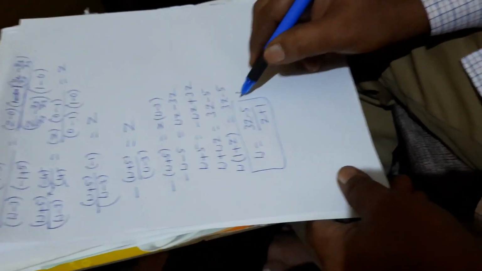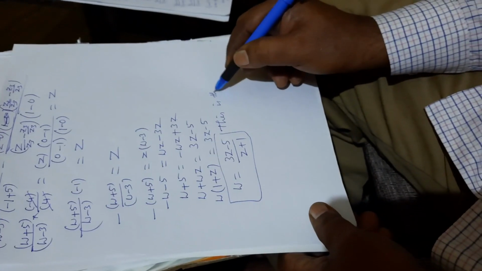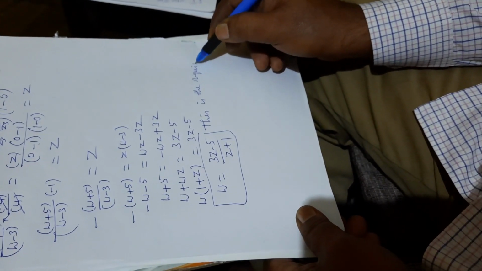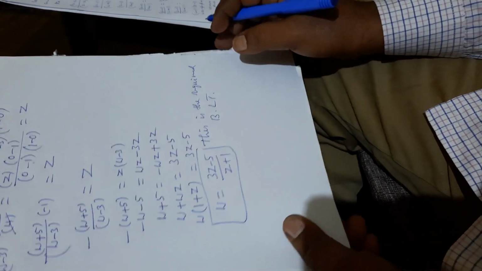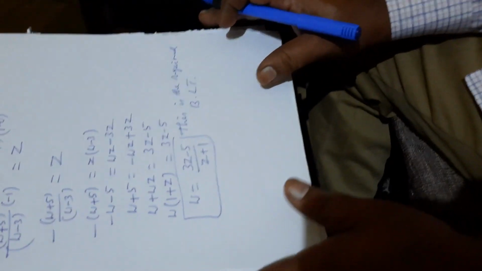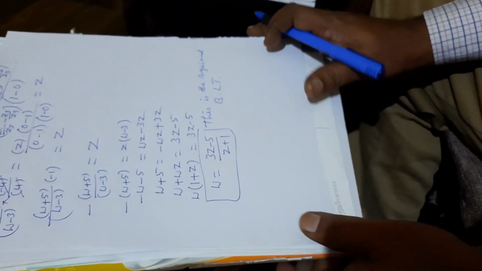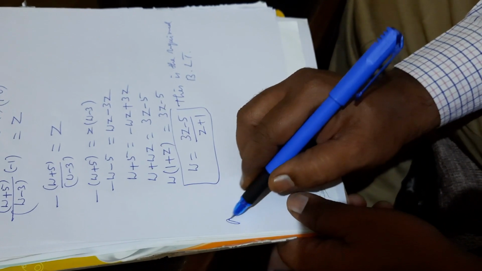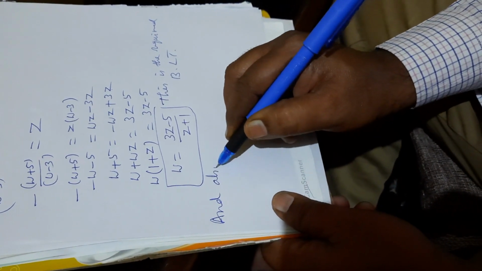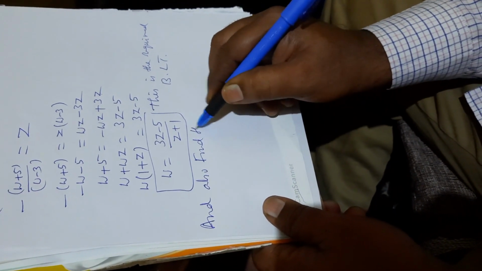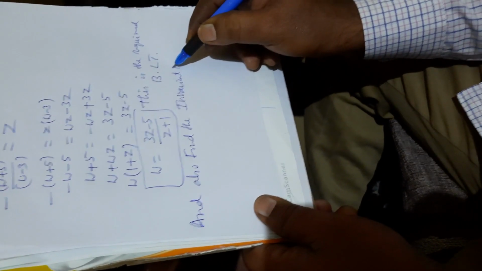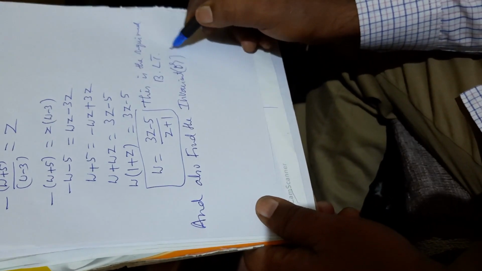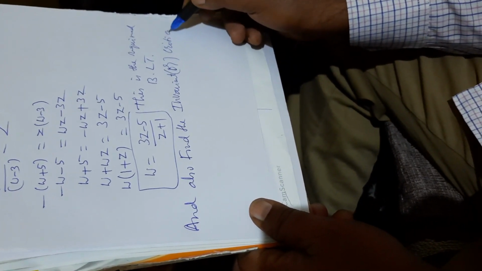This is the required bilinear transformation. Next, the question asks to find the invariant points or critical points.